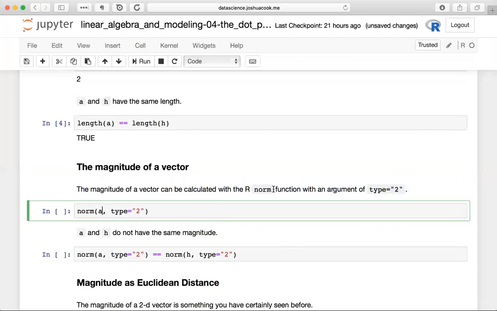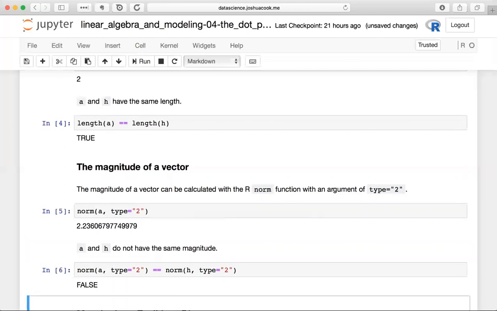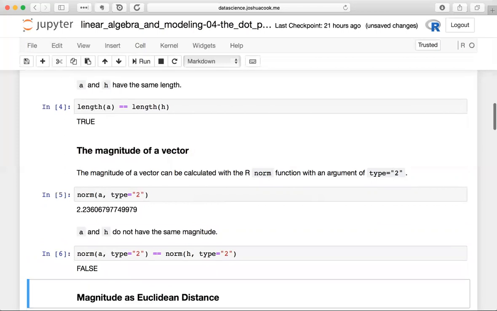So let's go ahead and calculate the magnitude of A using this norm function, and this is the magnitude of A. This is how far A goes in the direction that it's going. And A and H do not have the same magnitude. They're different vectors. They travel a different distance.